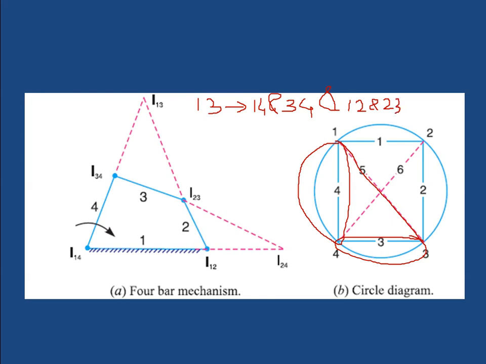Now for 1 3 I have to take these combinations on one side. So go to the figure you have drawn. To get I13 now, you have to take the combination coming from I1, that is 1 4 and 3 4. Where is 1 4? Here. Where is 3 4? It is here.